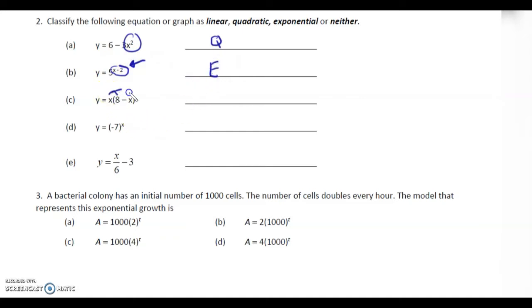If we were to expand this one out, we would get an x squared, so this is quadratic. We said that the base of an exponential function cannot be negative, so this is actually neither. And this is linear, because it's just x to the exponent 1.